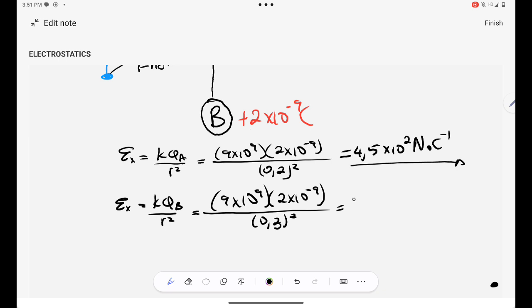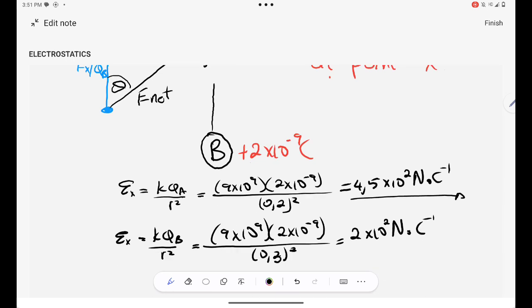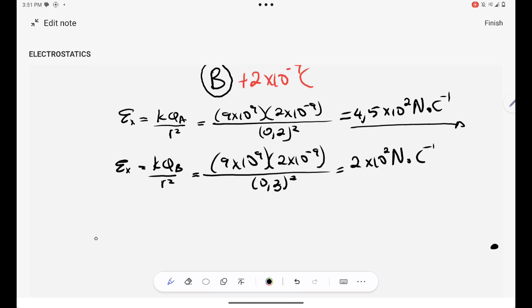So this will basically give me 2 times 10 to the power 2 newtons per coulomb. Remember that my free body diagram was like this. Over here I have a value of 2 times 10 to the power 2 newtons per coulomb, and I have 4.5 times 10 to the power 2 newtons per coulomb.